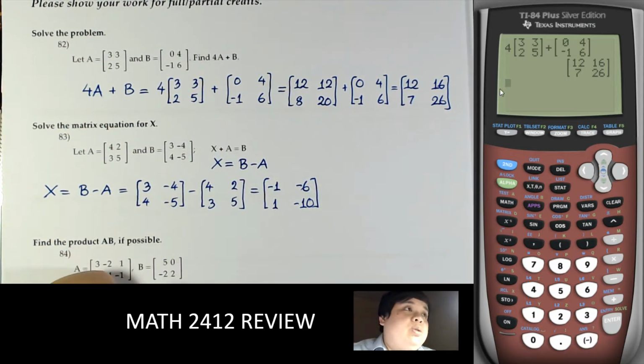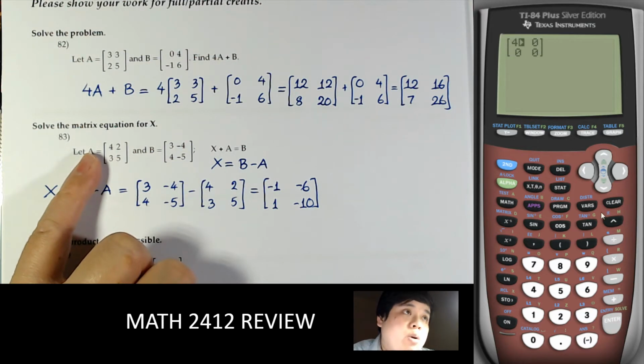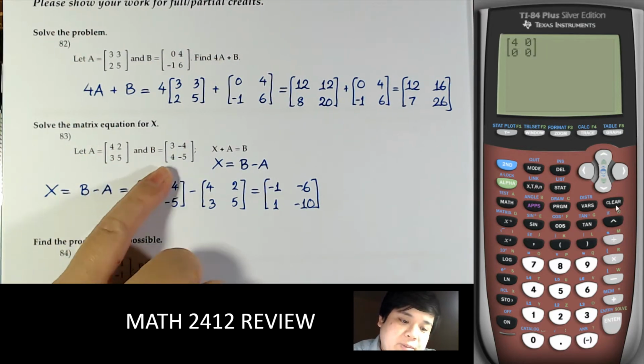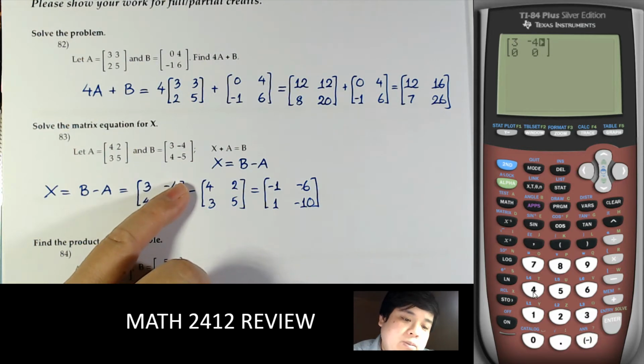Right, let's use the calculator to confirm it. Alpha zoom 2 and 2, that's good. B minus A: 3, -4, 4, -5, and then subtract.